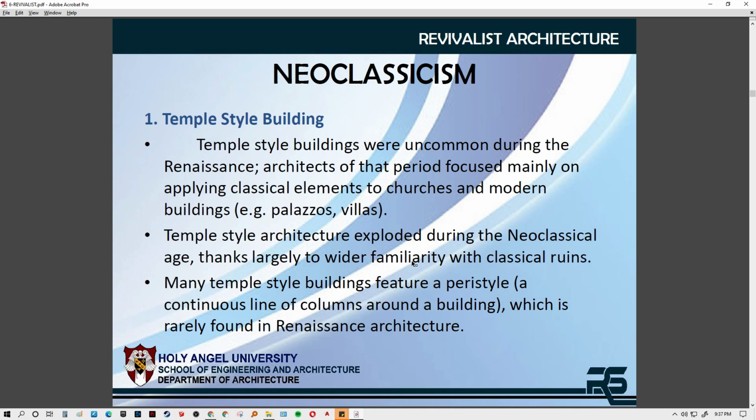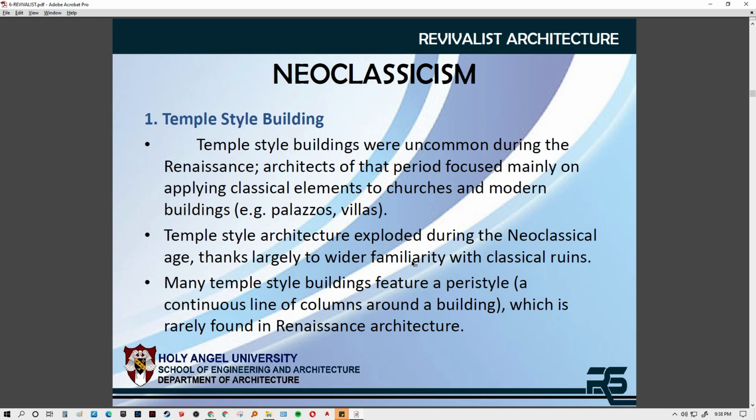So let's start with the temple style building. Temples were mostly used during the Greek and Roman times, and those temples have their own features, especially the peristyle, or the continuous line of columns around the building.